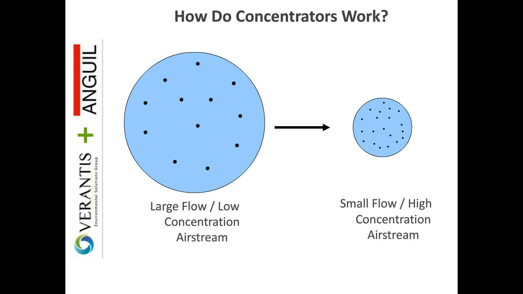So we can take 100,000 CFM and 10 pounds per hour, go through the concentrator wheel, and the result is we can have a concentrated stream of 10,000 CFM and still the same 10 pounds per hour. And that 10,000 CFM stream is then what will be sent to the oxidizer, as opposed to having to heat up 100,000 CFM. So again, what this all gets back to is operating cost of the system.